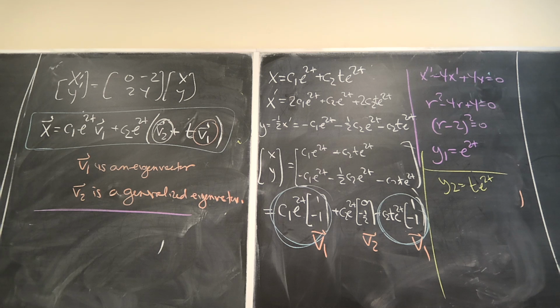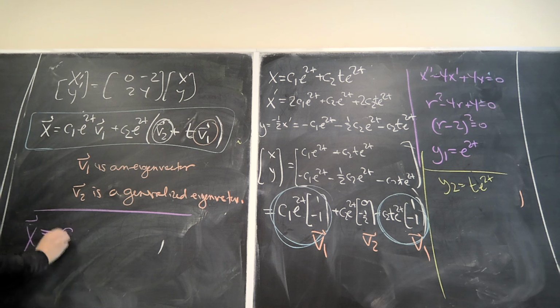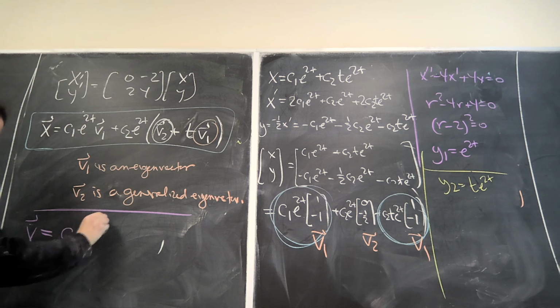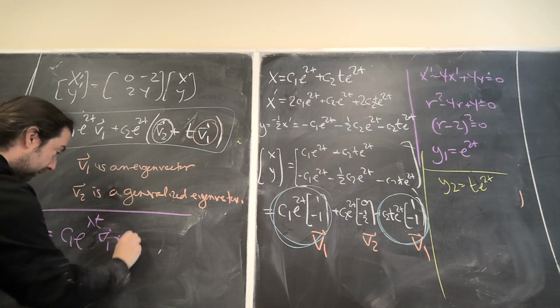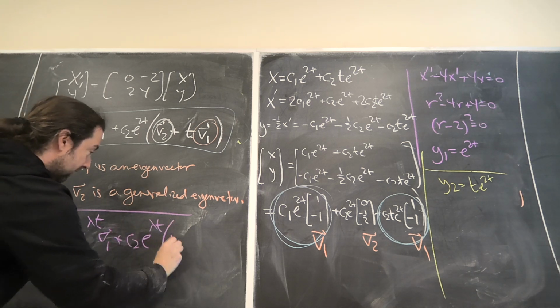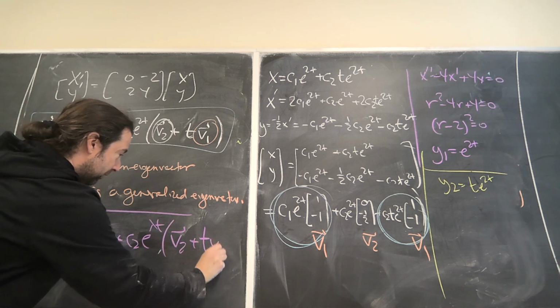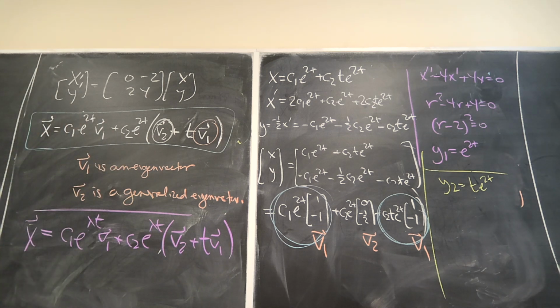Okay, so then the question becomes, if every one of these has this solution, if it's the case that x is going to be equal to c1 e to the lambda t v1 plus c2 e to the lambda t (v2 plus t v1), how do we find v1 and v2? v1 is an eigenvector, but we have to be careful.